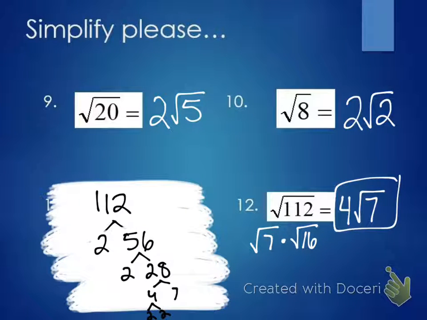So you end up with a pair of 2's all the way at the bottom that went off the screen, and there's a pair of 2's here. So 2 times 2 is 4. And what's alone? The 7. So 2 different ways of talking about the same problem. We get the same answer either way.